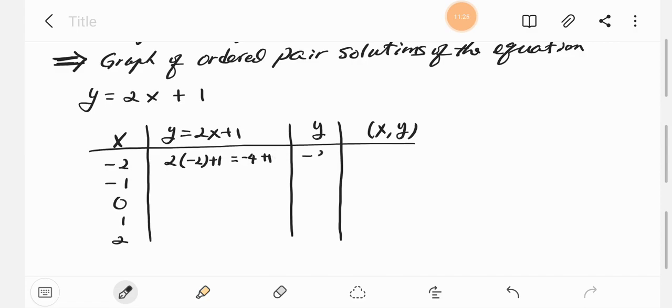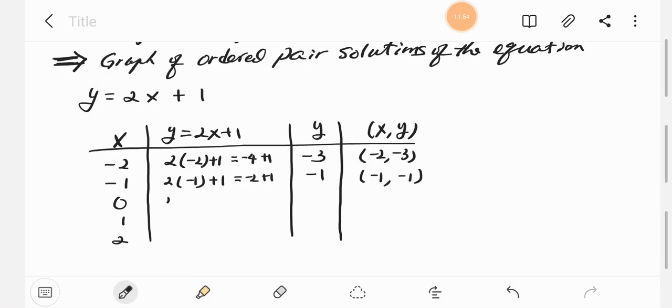So the ordered pair is when x equals -2, y is -3. So we found one ordered pair. Let's keep finding these ordered pairs for these x values. When x equals -1, replace it. Then -2 plus 1, so that is -1. So the ordered pair is when x equals -1, y is also -1.